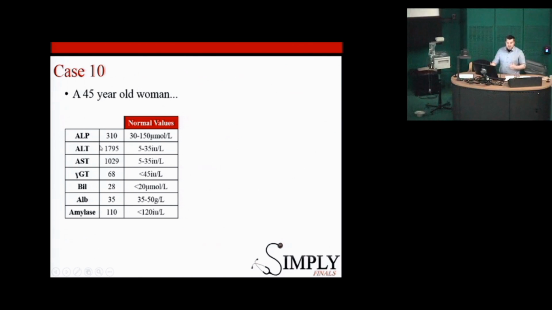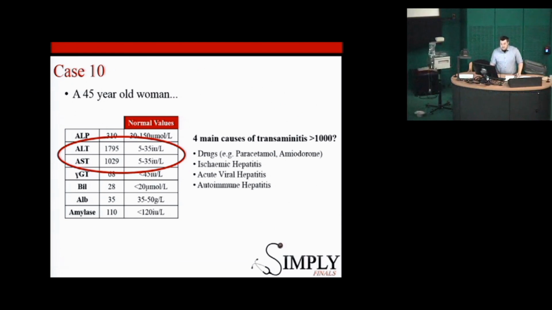And 1 more, not one you generally think about for the liver, but you think about for the heart. So an ischemic hepatitis. Just as you would get a myocardial ischemia, you can get gut ischemia, you can also get a liver ischemia. And if you get an infarct in the liver, that will shoot up your markers as well.